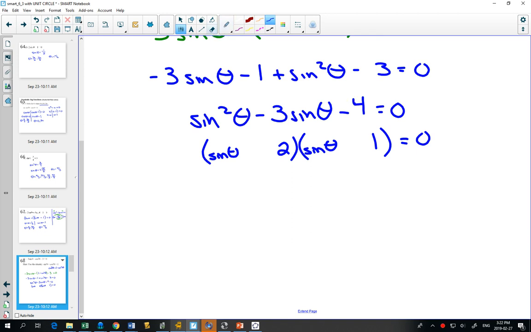This is good because actually with the minus 2 it doesn't factor, so I would have had to use the quadratic formula. However, with the minus 4, it does work. Well, it could be 2 and 2, or it could be 4 and 1, but it's going to need to be 4 and 1. If I want to get a minus 3, minus 4 plus 1 makes minus 3.